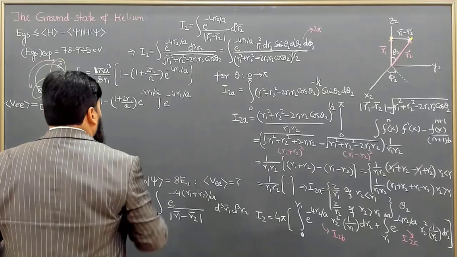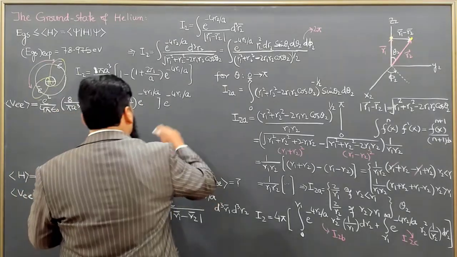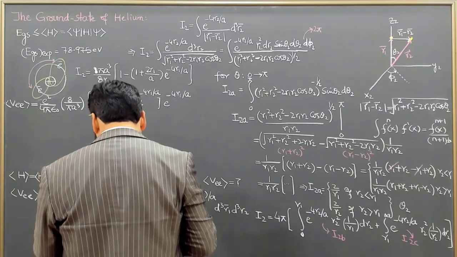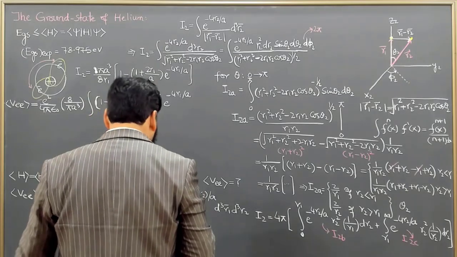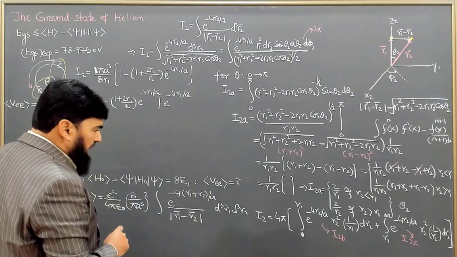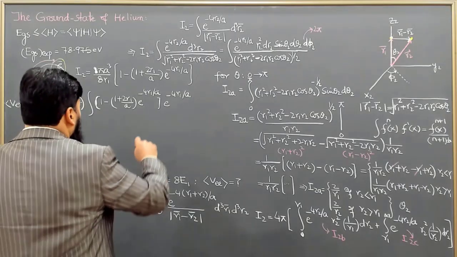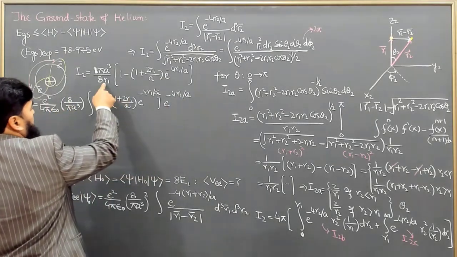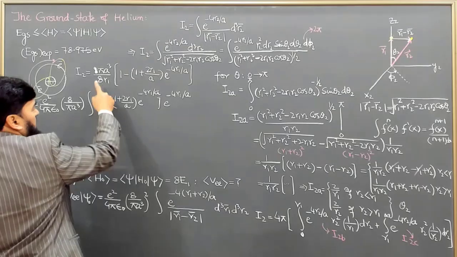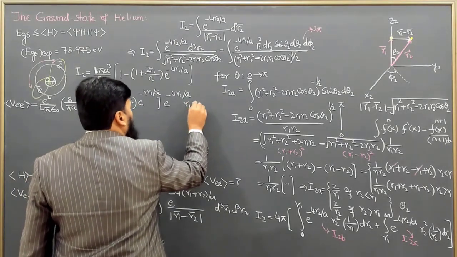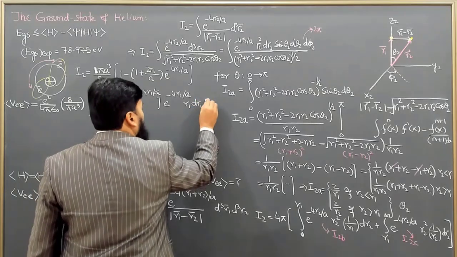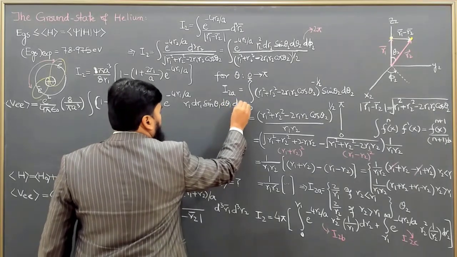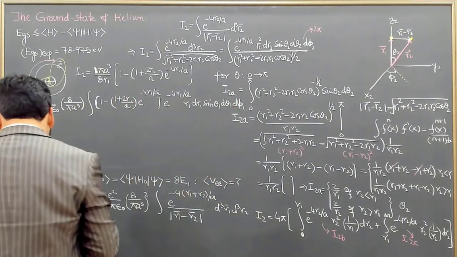So d cube r1 I can write as r1 squared sine theta d theta. One r1 square will come here, but that we have simplified already with this r1, so we will have only r1, and then d r1 sine theta1 d theta1 and d phi1 here.